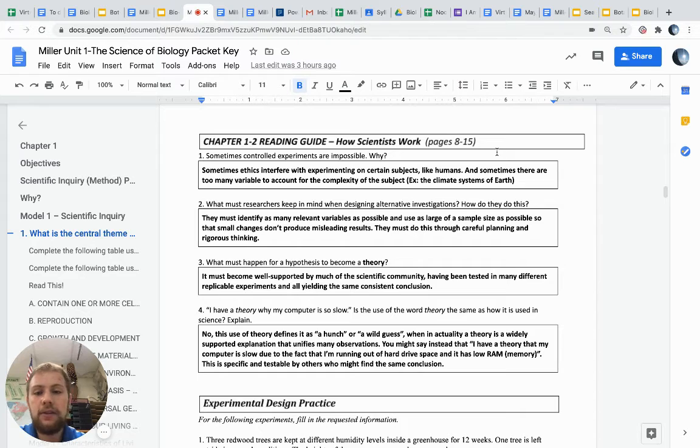Sometimes ethics might get in the way, or what's morally right or judged correct by society can get in the way. So if there was an experiment, like, for example, the cloning of human beings, that has long been frowned upon and kept from happening experimentally.